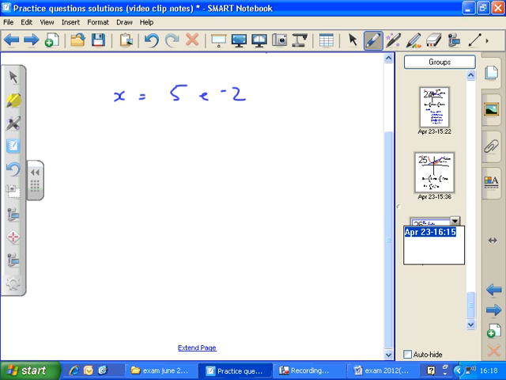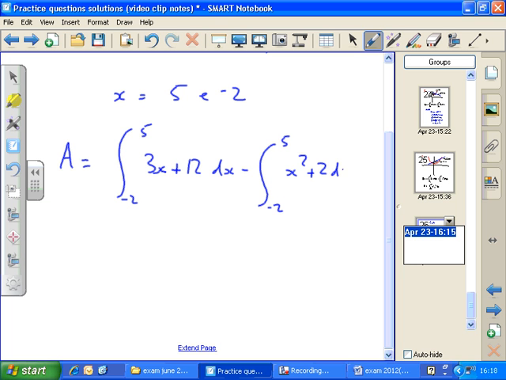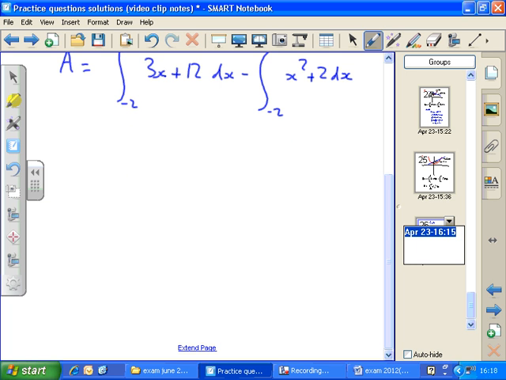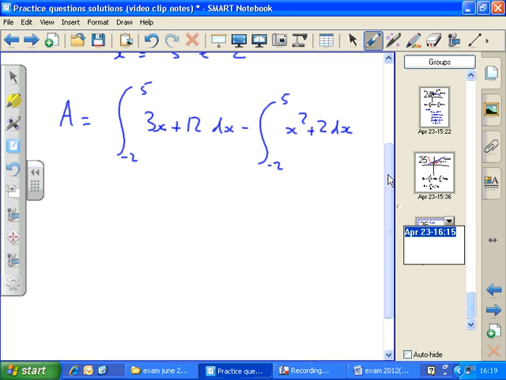So that means the area underneath the curve will equal the integral between minus 2 and 5 of the area under the line, which is 3x plus 12 with respect to x, minus the area between minus 2 and 5 of x squared plus 2 with respect to x. Of course, to speed up this integral, we could combine the two, being careful of signs.